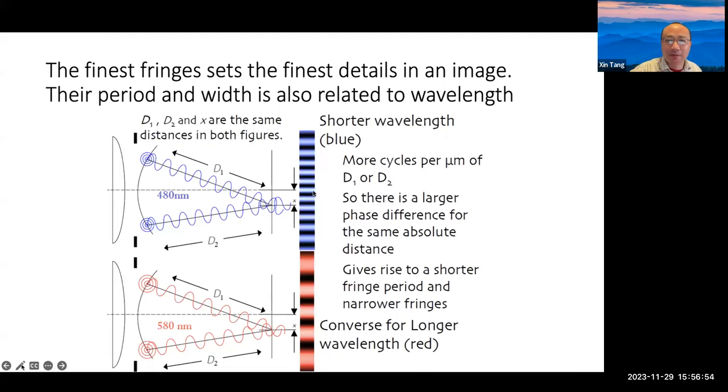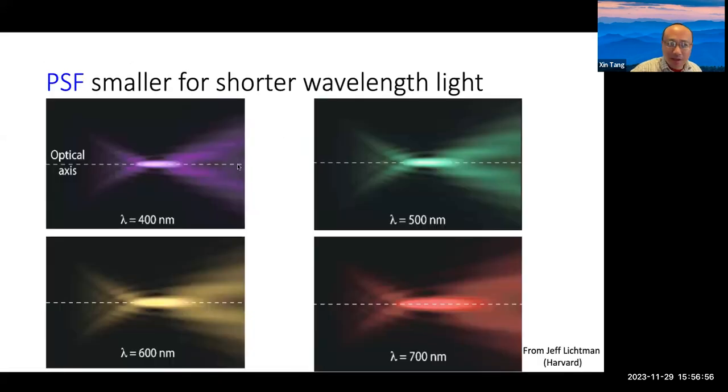That's better. Here is a diagram showing point spread functions generated in the same optics but for different wavelengths of light. You will see this purple one is best, and if you go to longer wavelengths, the point spread function becomes larger. That will cause trouble for us.